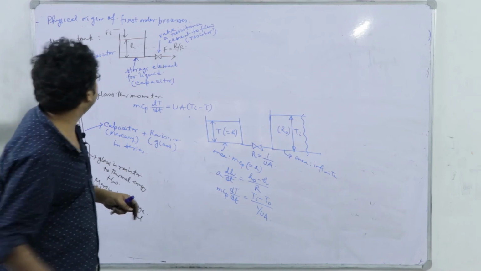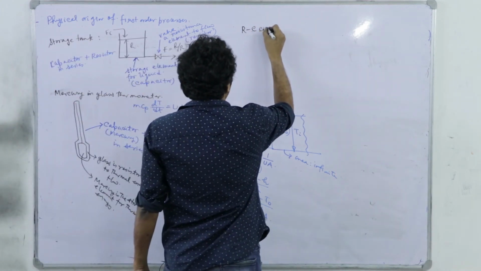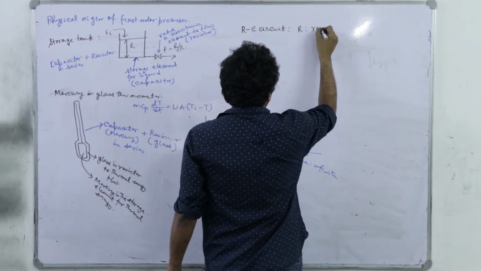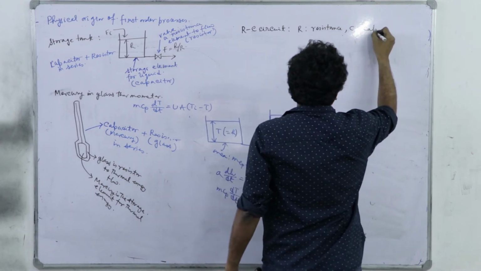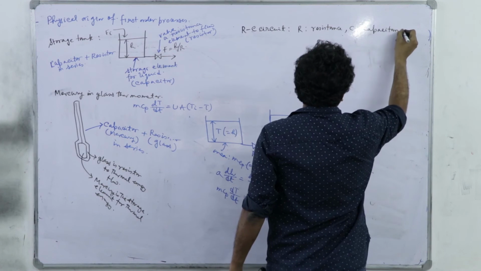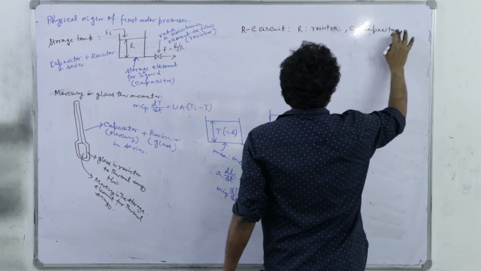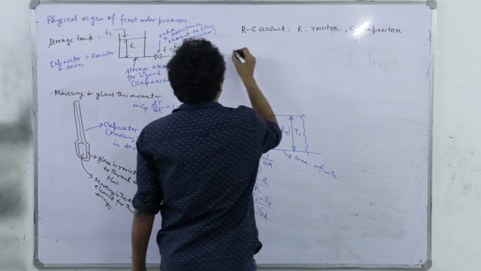Next example, the RC circuit. You can understand, R is the direct resistance and C the capacitance, R resistor, C capacitor. There is nothing else to say.